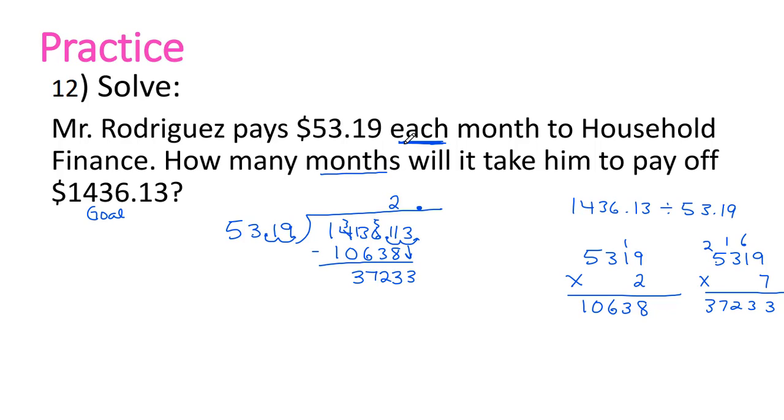This is 27. 7 times 5,319 does indeed make 37,233. So that was a really big question. But how many months will it take him? 27 months. It will take over 2 years, 27 months, for him to pay off that amount.